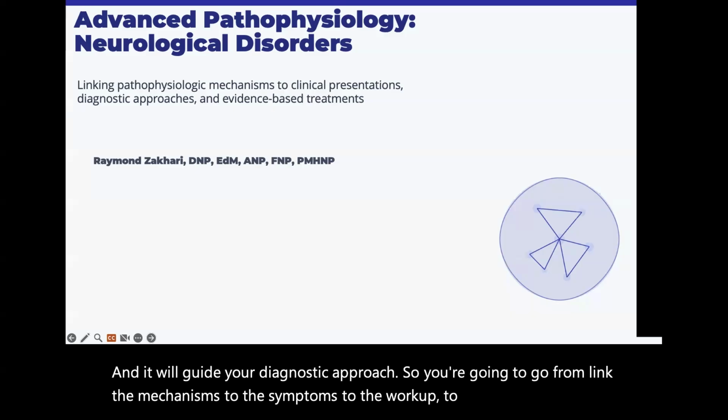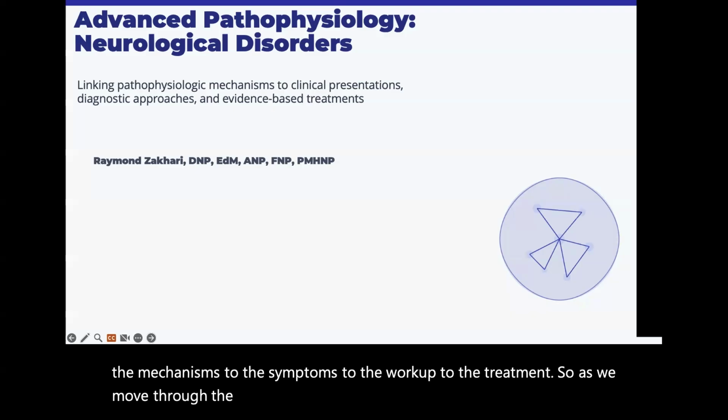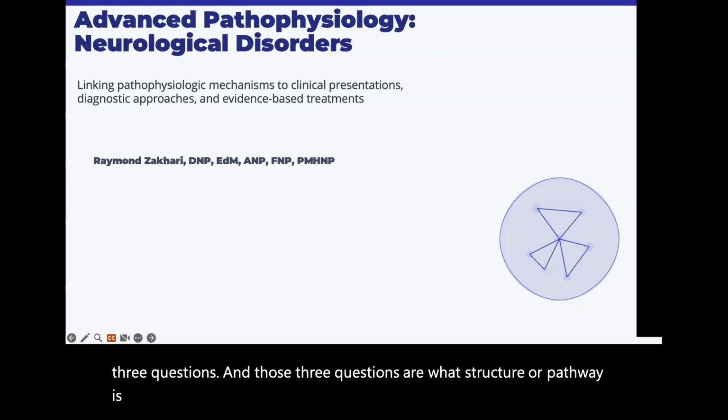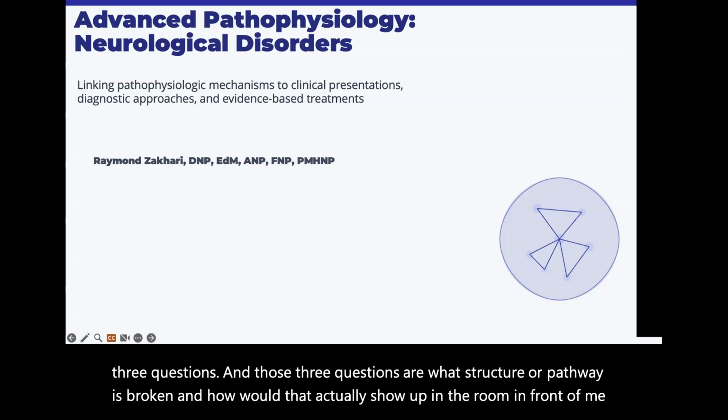As we move through the cases, I want you to constantly ask yourself three questions. Those three questions are: what structure or pathway is broken? And how would that actually show up in the room in front of me in terms of signs and symptoms?